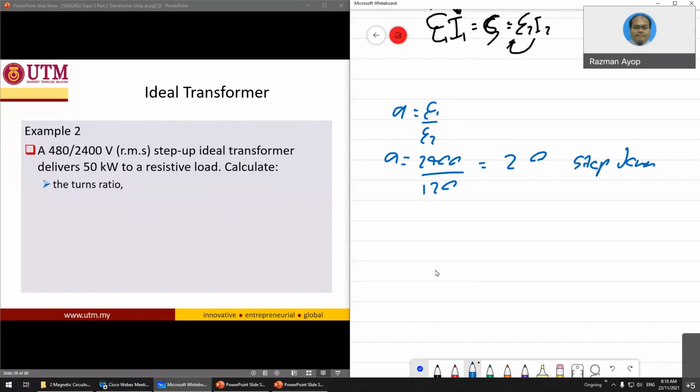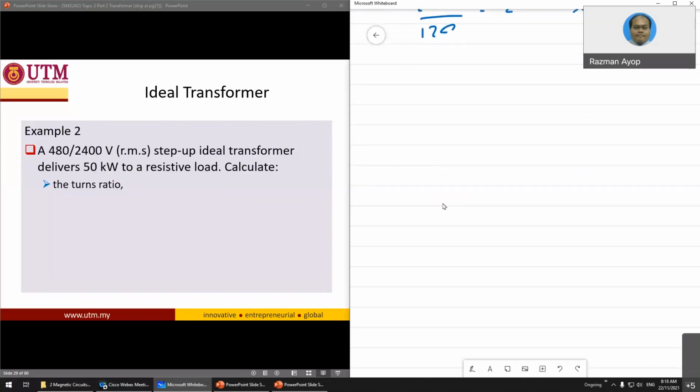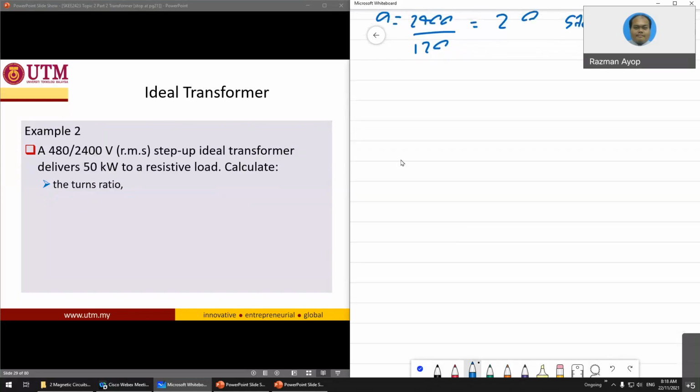Next we move on to the second example. An ideal transformer is actually quite easy, direct to the point. This is a step up, because you can see the voltage at the primary is lower than the secondary. This ideal transformer delivers a 50 kilowatt resistive load. Calculate the turn ratio.